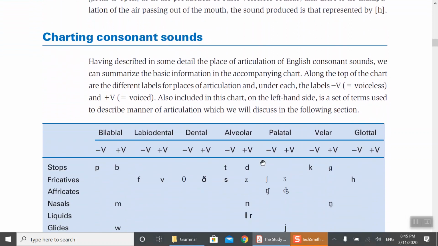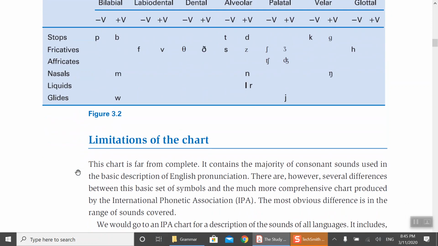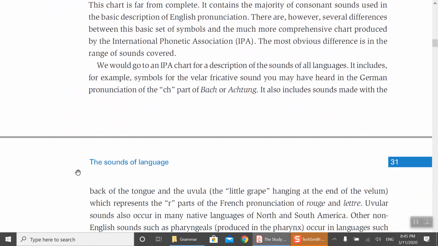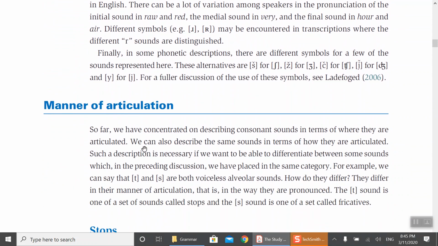This chart gives a clarification about the sounds: the bilabial is the place of articulation, and this is the manner of articulation. Now we will take the manner definitions. Manner of articulation. So far we have concentrated on describing consonant sounds in terms of where they are articulated.